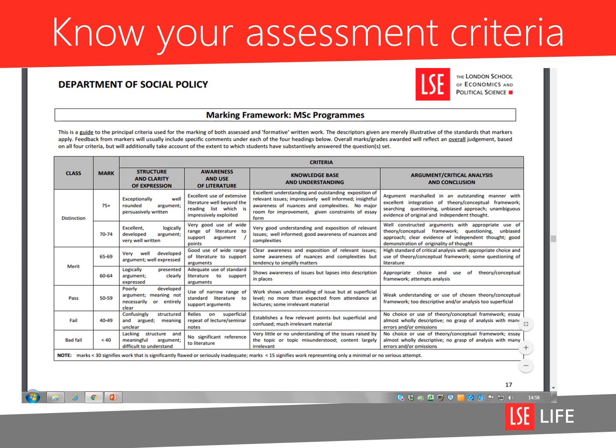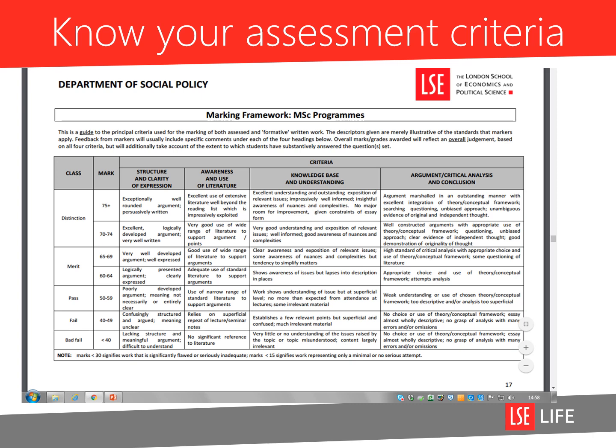However, if you want to get a merit or a distinction, then the criteria are asking for a much better developed argument in terms of structure, use of a range of literature, including sometimes literature outside of your reading list, a very good understanding of the key theories and arguments, and good critical engagement with those arguments.